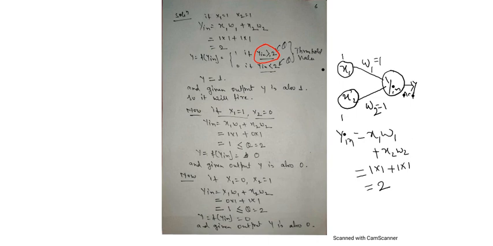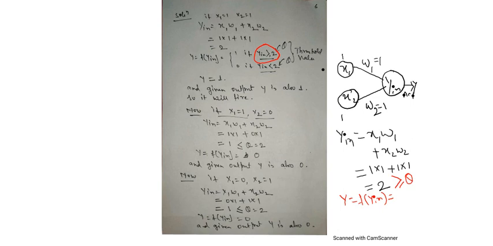So this value is 2 and the threshold value is 2. If it is greater than or equal to 2, what will happen? It will return. So y is equal to the activation function of the y input: this 2 is greater than or equal to the threshold value theta, that is 2.